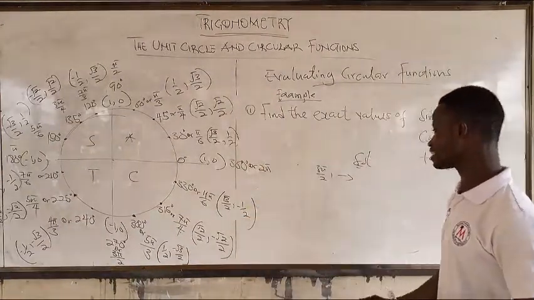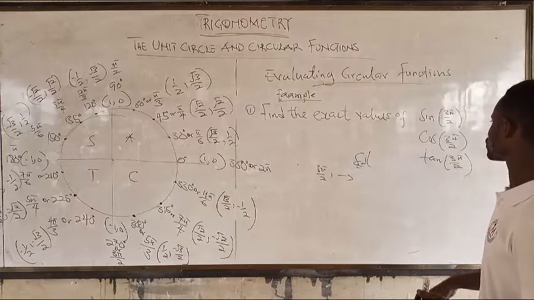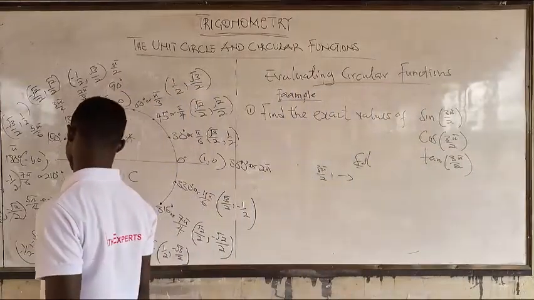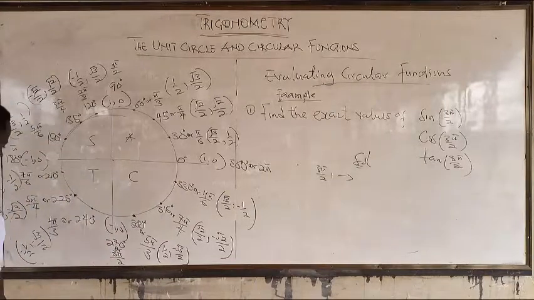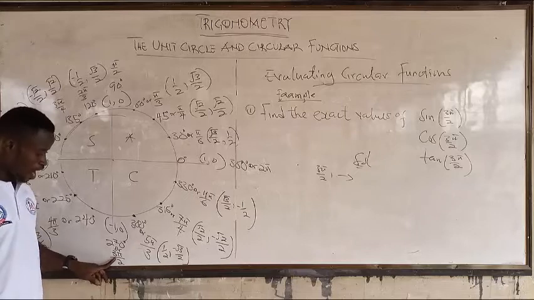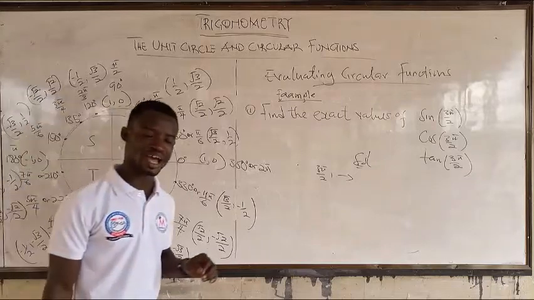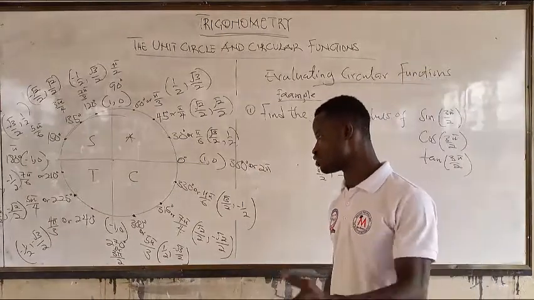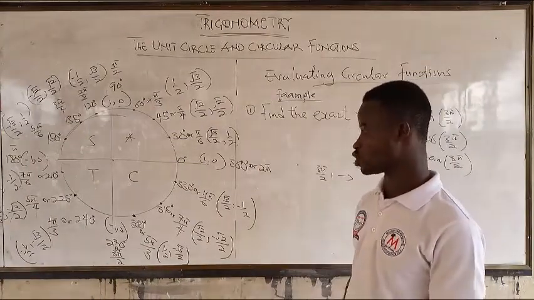And what point is that? Let's go and check 3 pi on 2. Oh, 3 pi over 2 is the same as 270 degrees. In degrees we have 270, in radians we have 3 pi over 2.